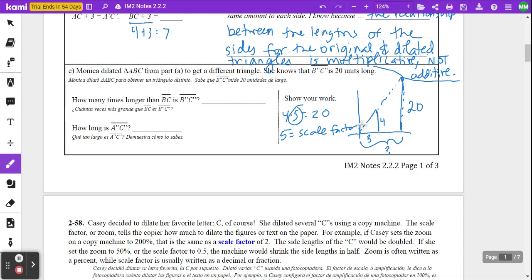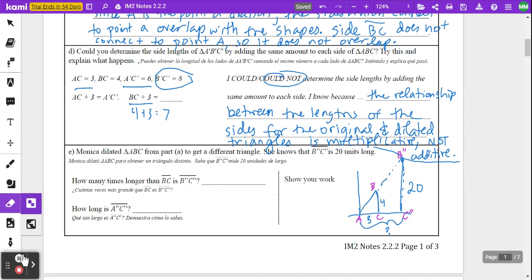Therefore, to find the new A prime C prime, and let me label these vertices. So we have to figure out the scale factor, and to go from BC to B double prime C double prime, I know that I have to multiply by 5 because 4 times 5 equals 20.